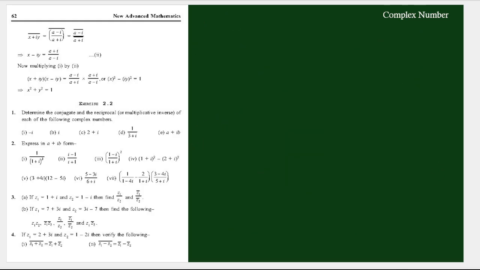Then number E. a plus ib. So its conjugate will be a minus ib. Now we need to find the multiplicative inverse, 1 by z, 1 by a plus ib. Now multiply with the conjugate.